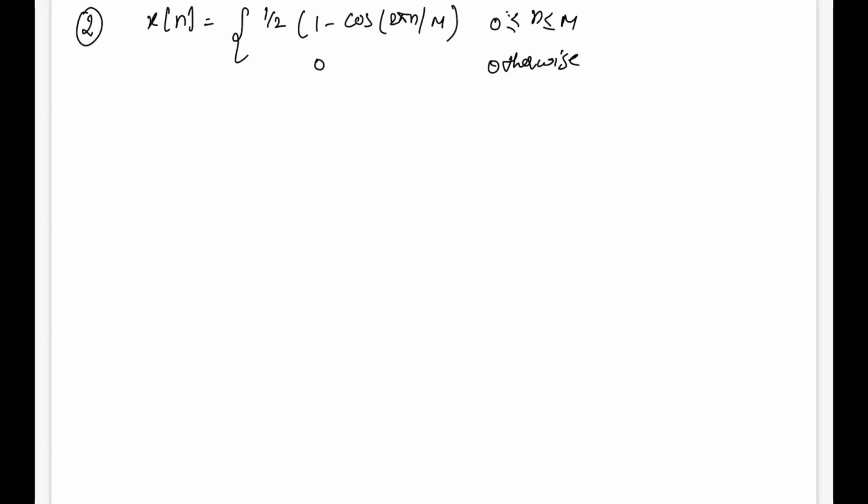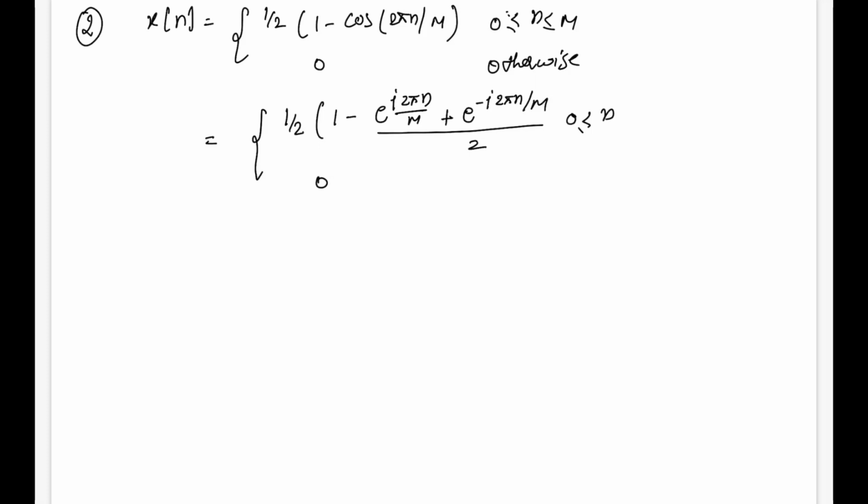Okay, to solve this problem, first of all let's break the cosine into complex exponentials. So we can write this in this form also: (e to the power j 2 pi n by M plus e to the power minus j 2 pi n by M) by 2, for n from 0 to M, and 0 otherwise.